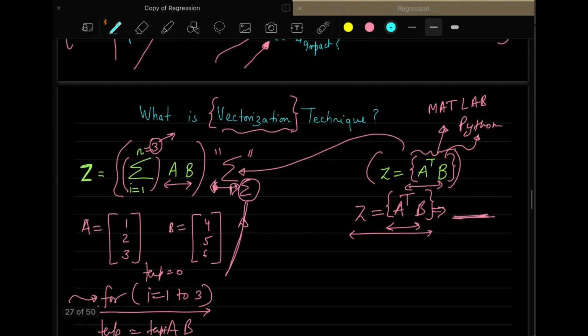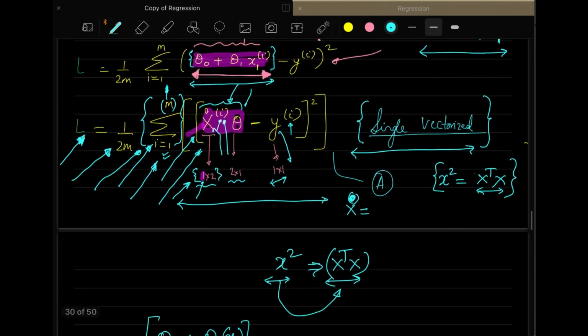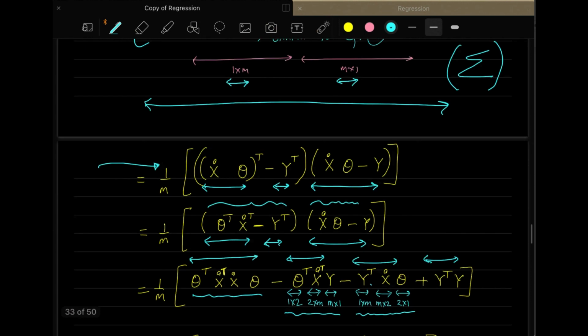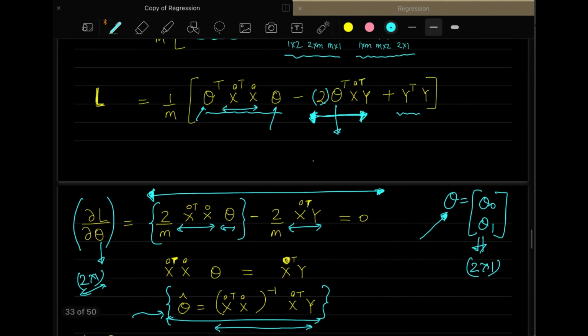But in this case, when you represent it in the matrix vector format, you get this value of theta, which is the optimal value of theta given by this, and this is the best theta you get without iterations. You just feed in the values of the matrices that you have formed, and then you just calculate the value of theta, and you will get the optimized theta. It is as simple as that.